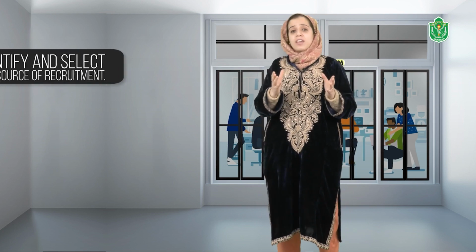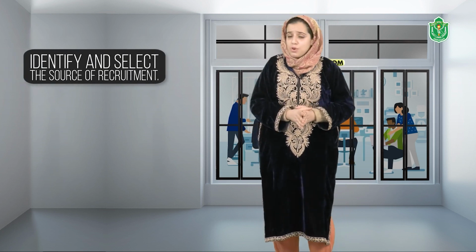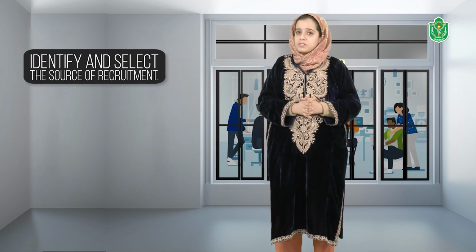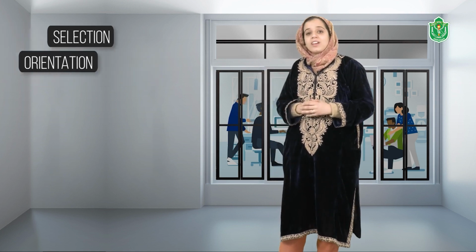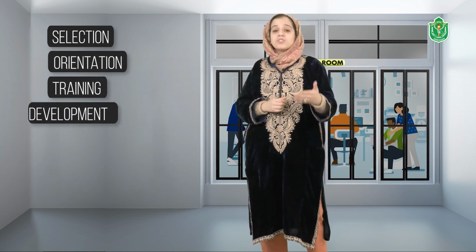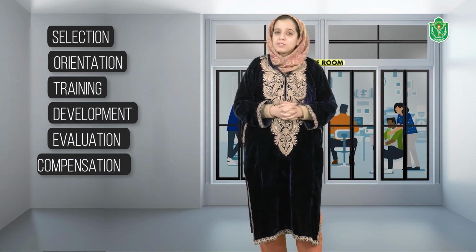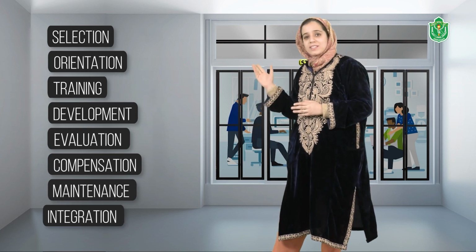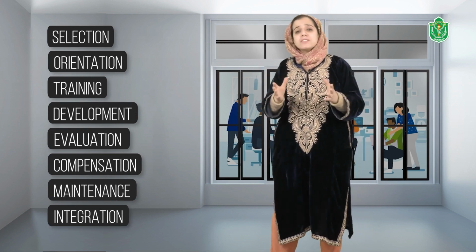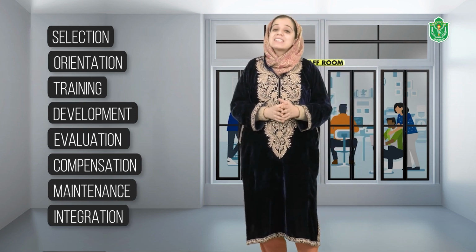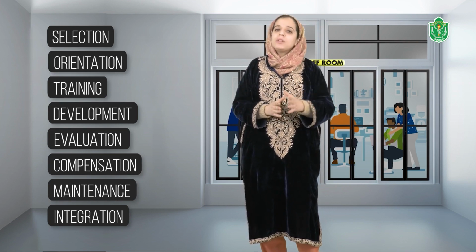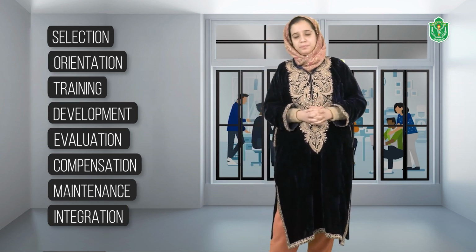The next one is to identify and select the source of recruitment. Then is selection, orientation, training, development. And the last one is evaluation, compensation, maintenance and integration of employees with the job.